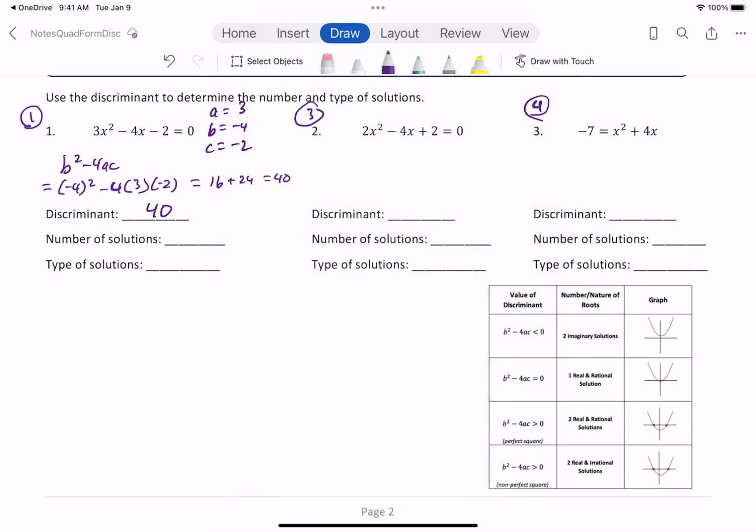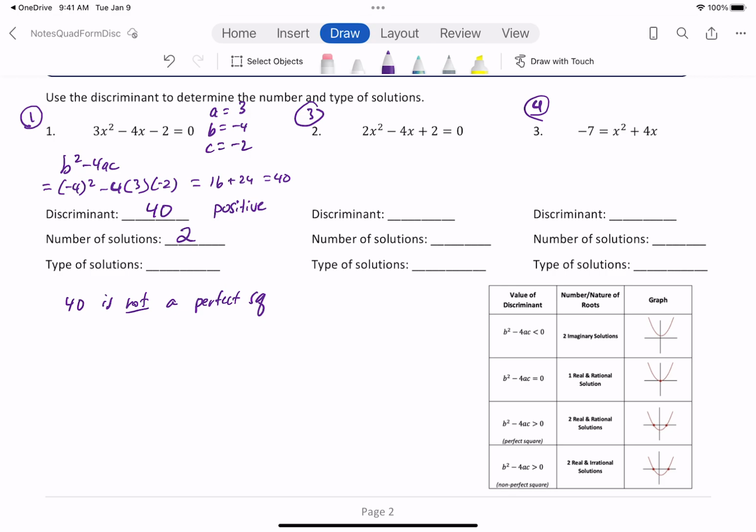So this discriminant is a positive number. If it's positive, that means that we're going to get two solutions, the plus and the minus. And the number 40 is not a perfect square.